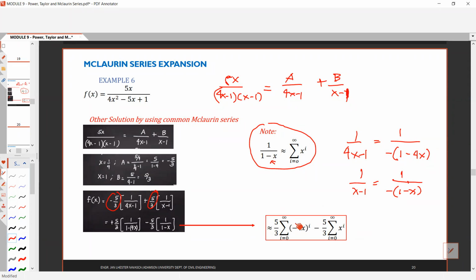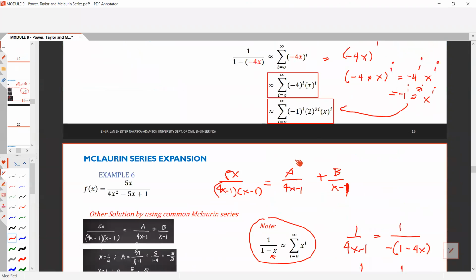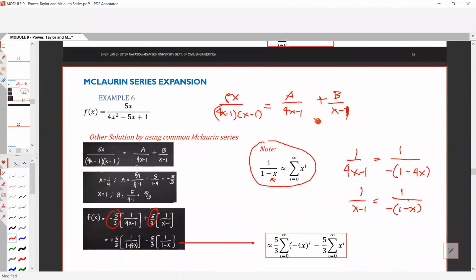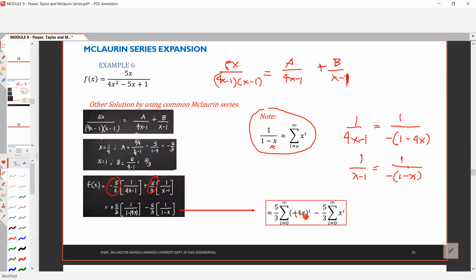Okay, simply the same. So I think this should be 1 plus 4x. This should be positive, sorry. Yan. So positive 4x raised to i. Sorry, typographical error. Sige, i-note ko na lang to.